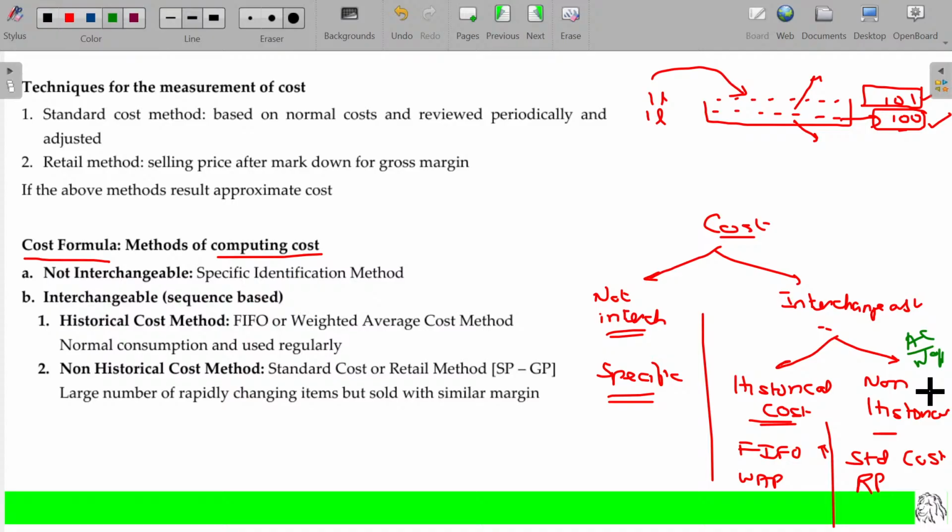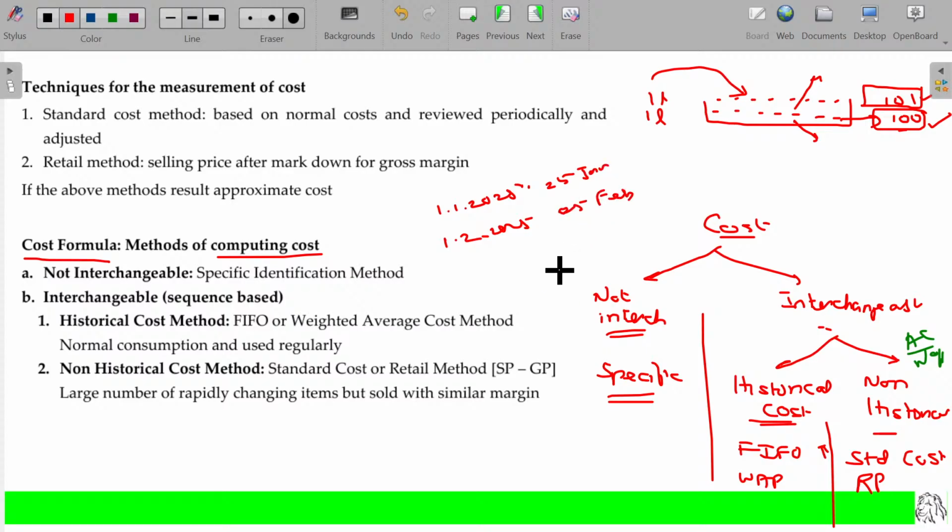Now, non-interchangeable means whatever product you purchase, you are aware that the price paid is only for this material. For example, I purchased a material on 1/1/2025. Another material I purchased on 1/2/2025. This material has batch number 25 Jan. This material has batch number 25 Feb.